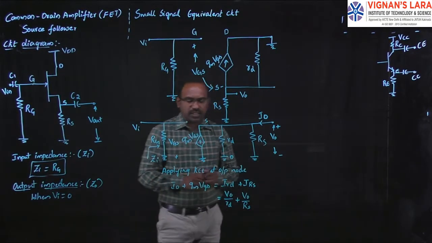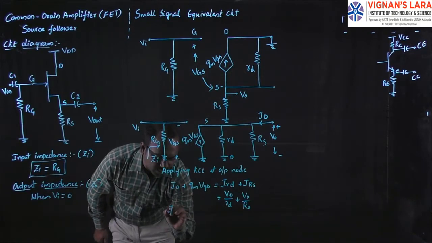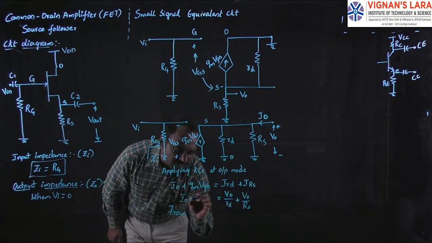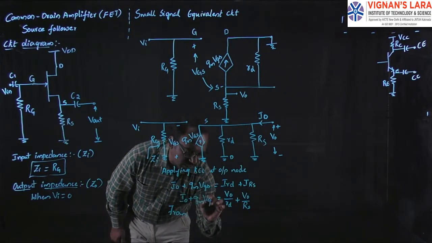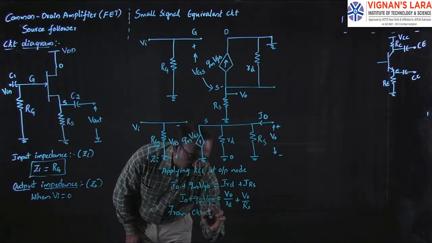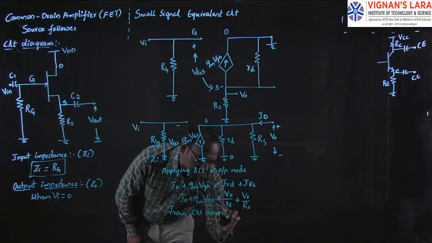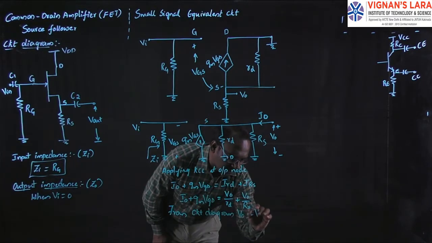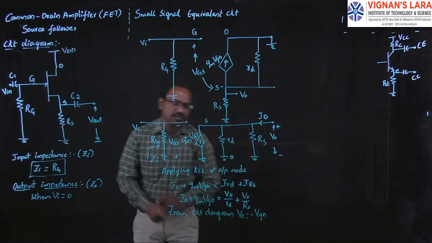So from the circuit diagram, I can write I0 plus gm VGS, and from the circuit diagram, V0 is equal to minus VGS.